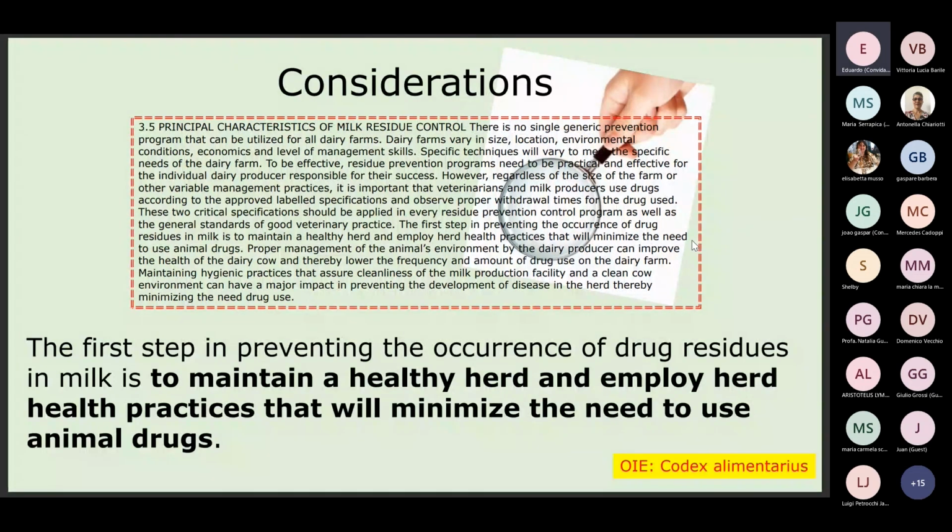This is one consideration of FAO, OIE and the Codex Alimentarius, that when you want to promote animal health, okay, we need to promote animal health to reduce the occurrence of drug residues in the milk. So, in my opinion, when we discuss animal health or reducing animal disease, we are talking about One Health, about food quality, food security, and we need to promote animal health and reduce the necessity of medicines in our farms, including buffalo farms.